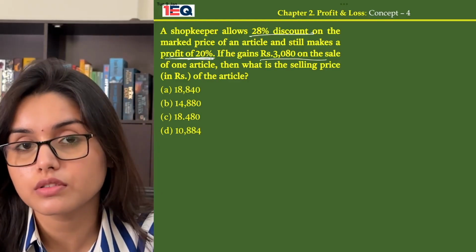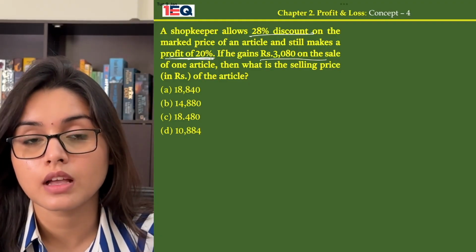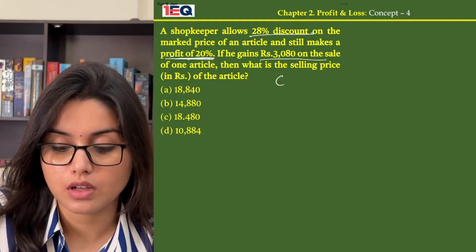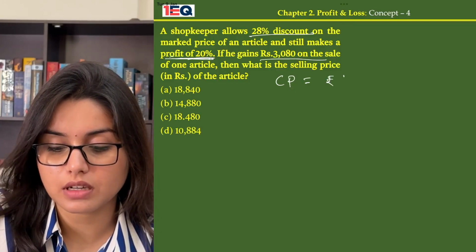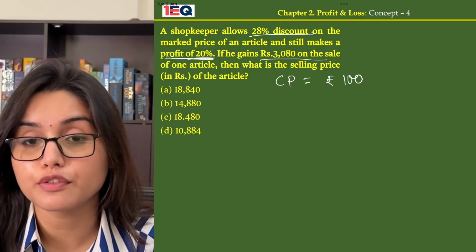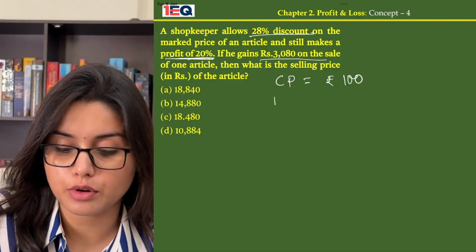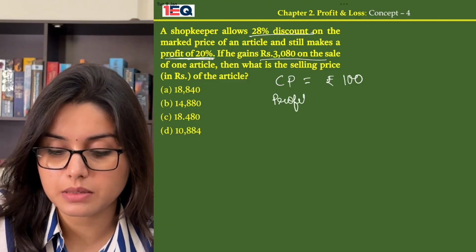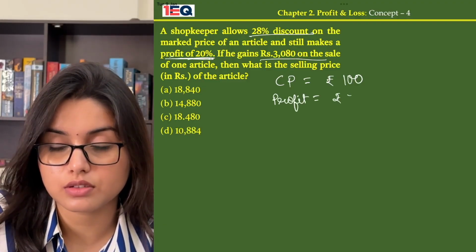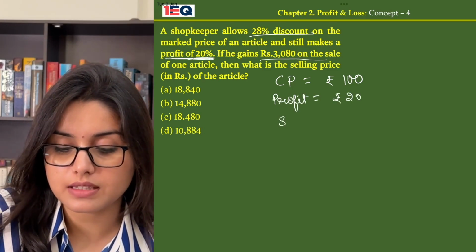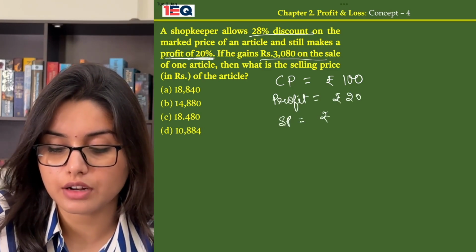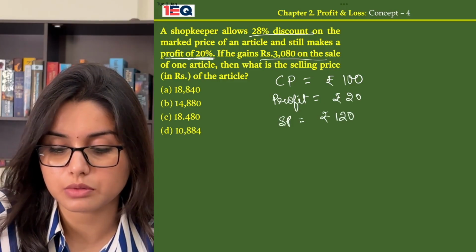Assuming that he bought the article at rupees 100, so my cost price is rupees 100. And when the profit is given as 20%, my profit amount will be 20% of 100, that is rupees 20. And then my selling price becomes rupees 100 plus 20, that is rupees 120.